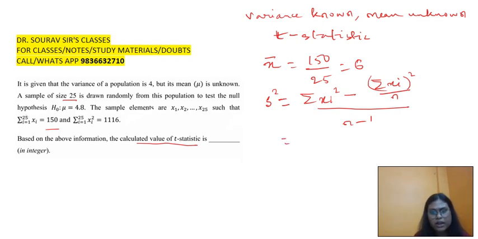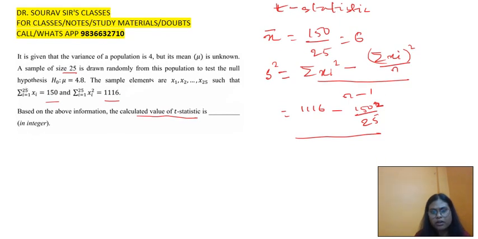Summation xi square is 1116 minus 150 square by 25, whole divided by 25 minus 1, which is 24.